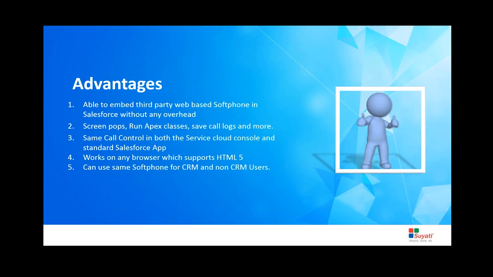It can pop up screens, enable click to dial, run Apex methods, and more. We can use the same code for the service cloud console as well as for standard Salesforce. It works on any HTML5 based browsers and can use the same softphone for CRM and non-CRM users.